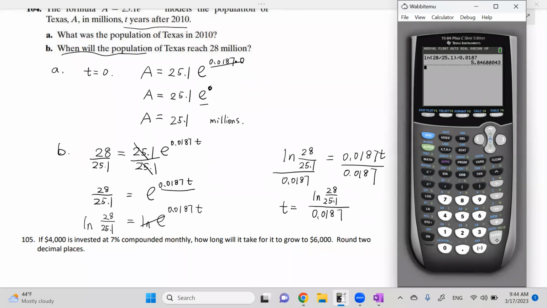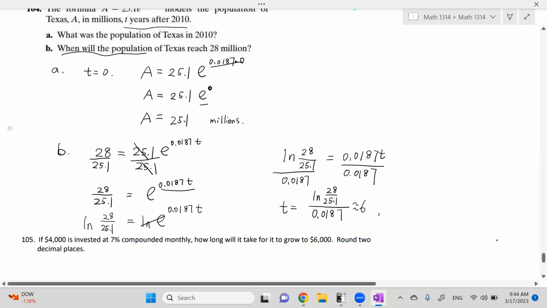That's about 5.84688 something. So we're looking for which year. We need to keep the integer, that means no decimals. The digit after the decimal point is 8, in 5.8. Can you round it to the year? 8 is greater than 5, so we have 6. It's about 6 years.